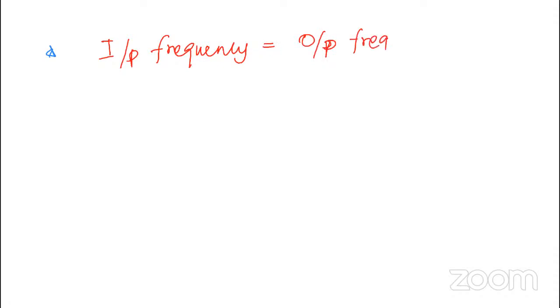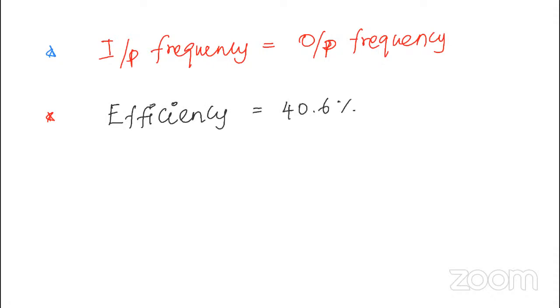So we write it: for the half wave rectifier, input frequency is equal to output frequency. Right? So what will the efficiency be? Efficiency is nothing but output by input. The efficiency value is 40.6%.